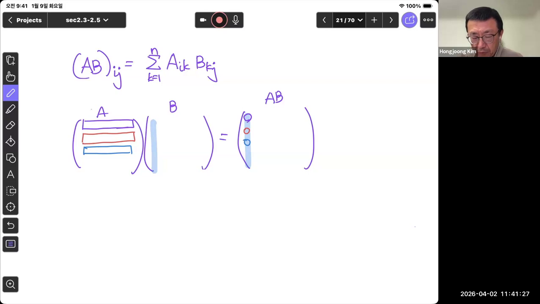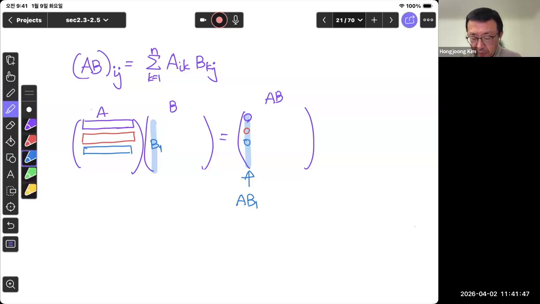So if I call the first column of B by b_1, then A times b_1 will be the first column of this product.